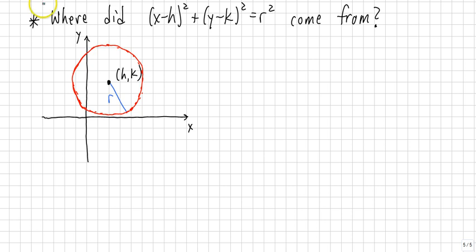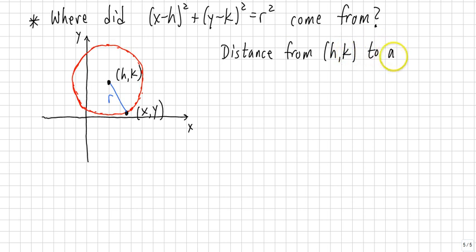Now the only thing we really know about this circle is that the distance from the center to any coordinate on the circle is r. Well, earlier we learned what the distance formula was. So we said if I want to find the distance between two points, if I want to find the distance between (h, k) and (x, y), that distance is the principal square root.